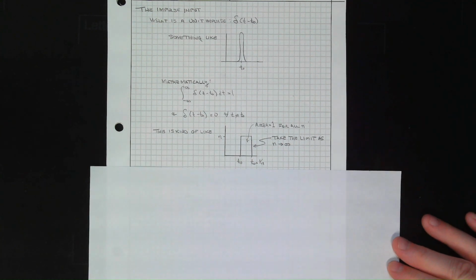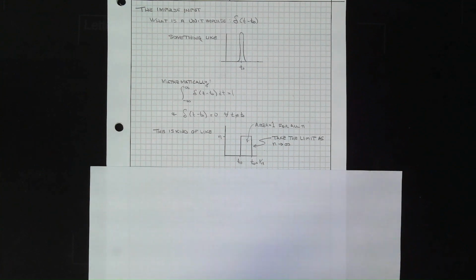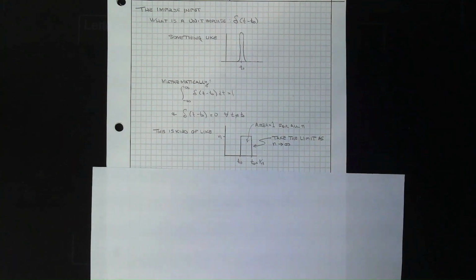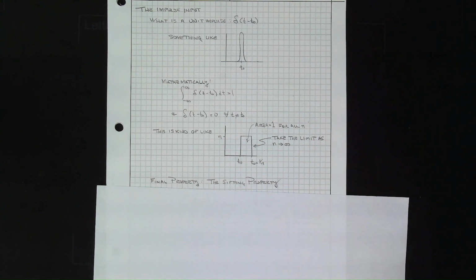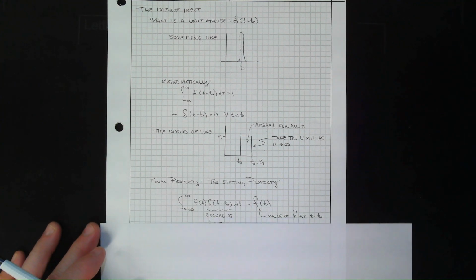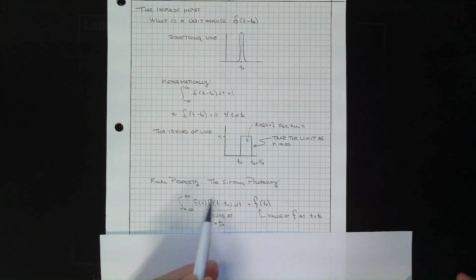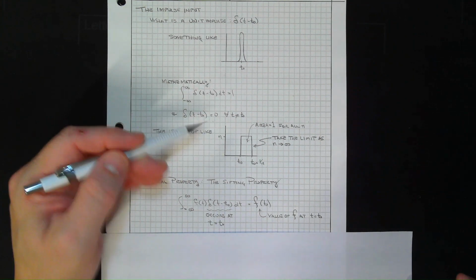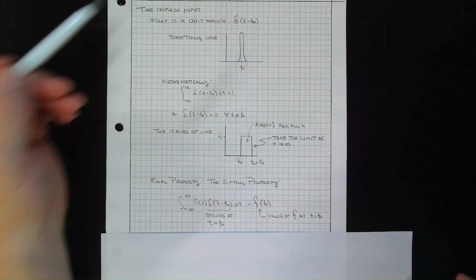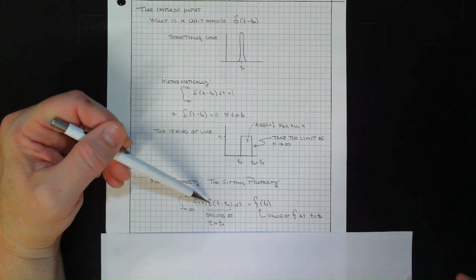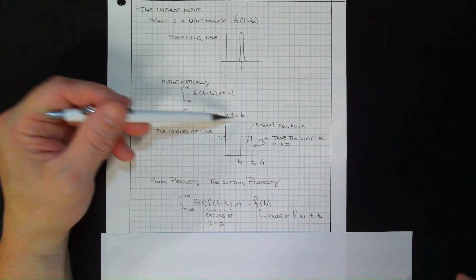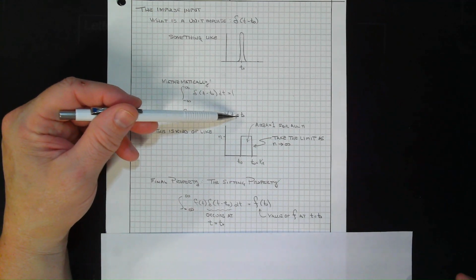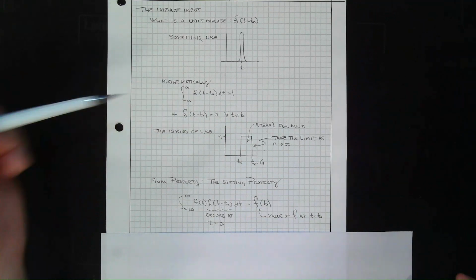Okay, so we're now starting to be able to define this mathematically, but it has one more really cool property, which is known as the sifting property. What does that mean? Here's an impulse that happens at time t0. It has all these properties. Well, this is just a way of modeling it. But the area under the curve of this is 1, and if you're not at the point that it happens, it's 0.